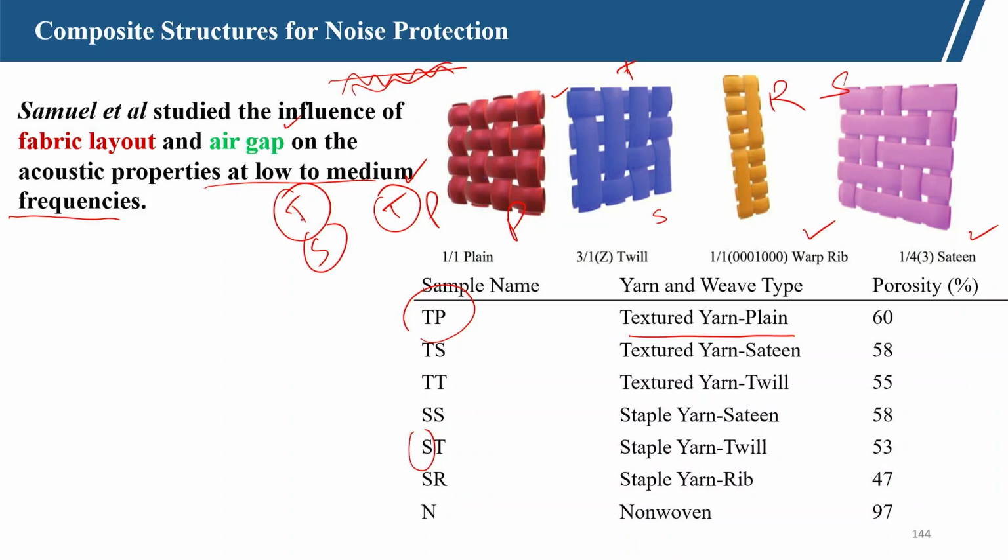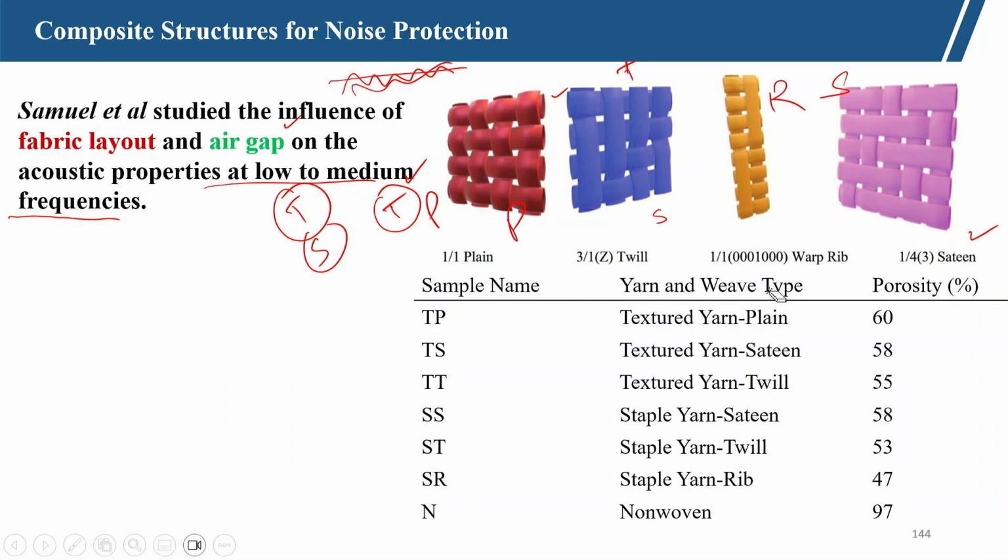So, the naming convention is: TP means textured filament yarn with a plain weave structure. Similarly, SS means staple yarn satin. So, these are the different naming conventions.